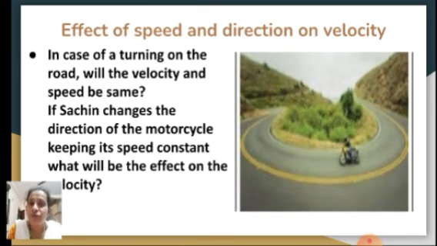Of course, at every point on the change in the direction, even the velocity will go on changing, even though the speed remains constant. Since the direction changes, even the velocity will also change. So by keeping the speed constant, even the velocity will change.